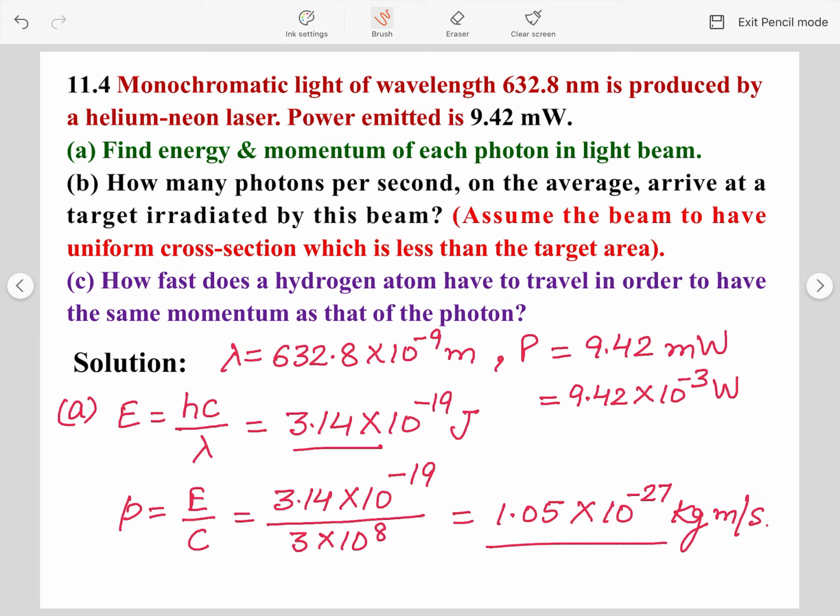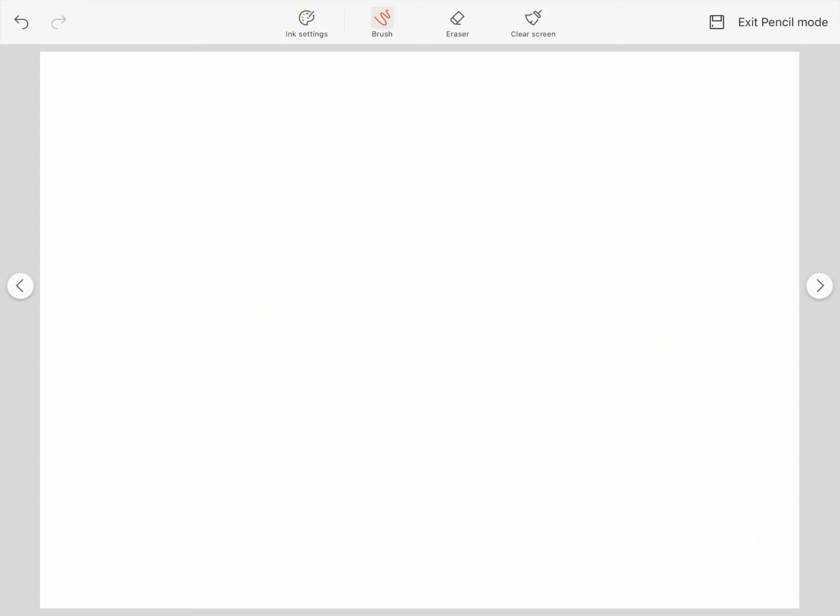In second part, how many photons per second on the average arrive at a target irradiated by this beam? What we have to calculate is how many photons per second. In part B, we have to find number of photons per second.